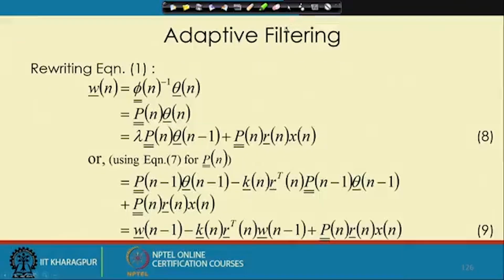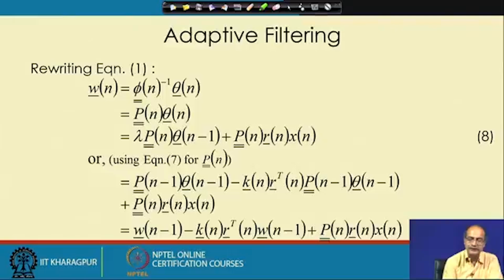Now let us go back, that how we can compute the new tap weight, that is Wn. So Wn, we know the expression is the inverse of the matrix phi n into that vector theta n.